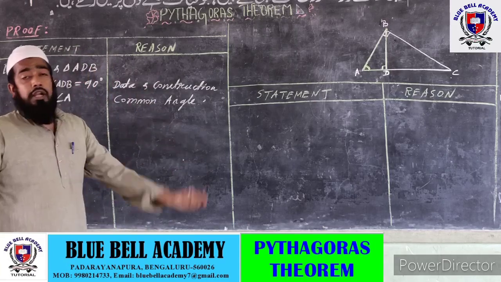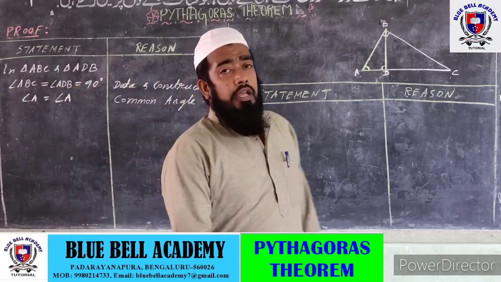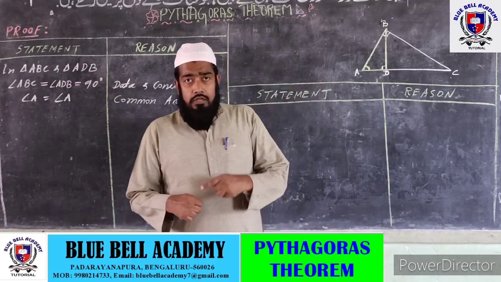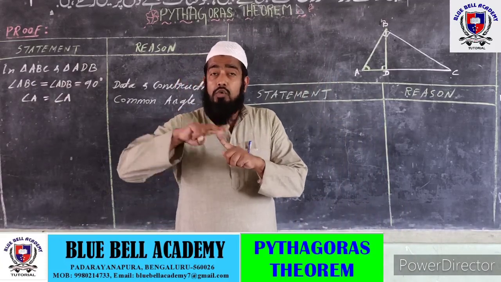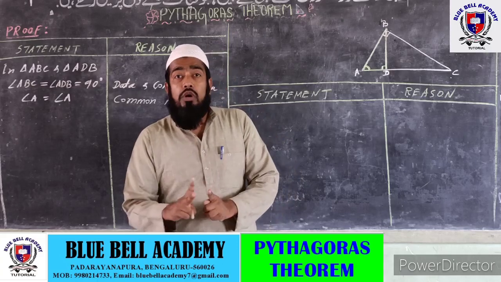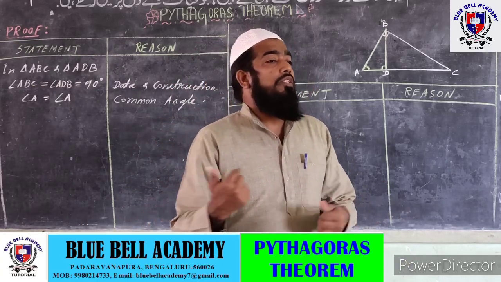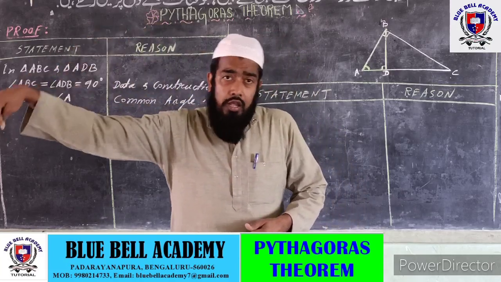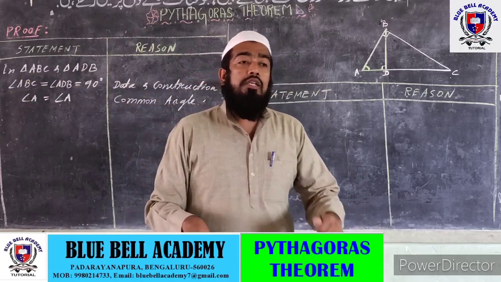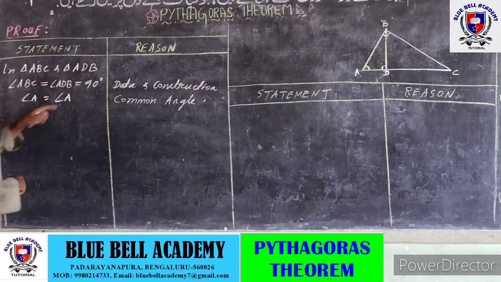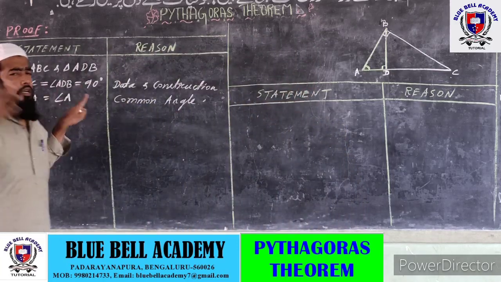And in the AA criterion theorem, we know that if two angles of one triangle are equal to two angles of another triangle, then automatically we can say the third angle will also be equal, and the triangles are said to be similar. So as these two angles are equal, automatically the third angle will also be equal.